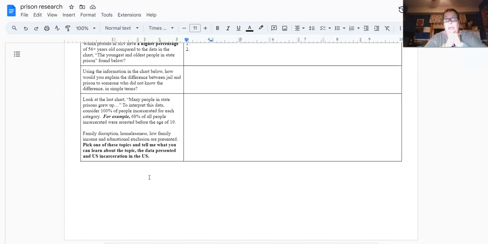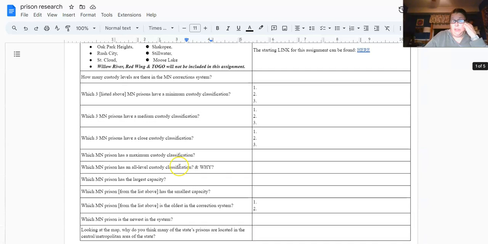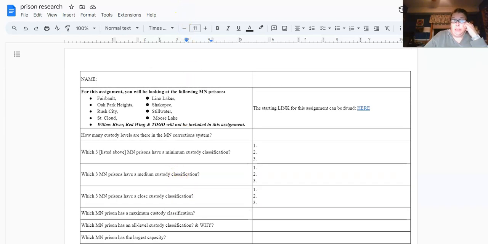You should be able to make a justified analysis of looking at the data and considering these factors in our current prison population in the United States. Once you are finished with all of this, you may then submit it.